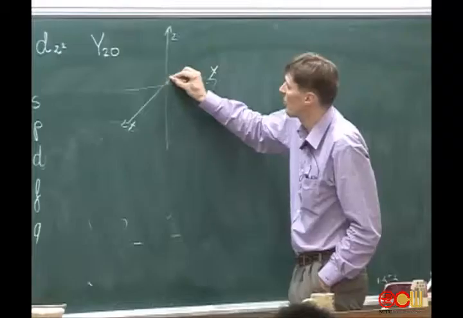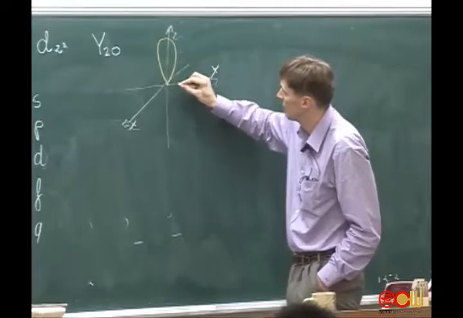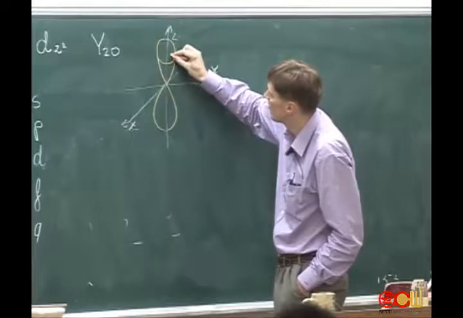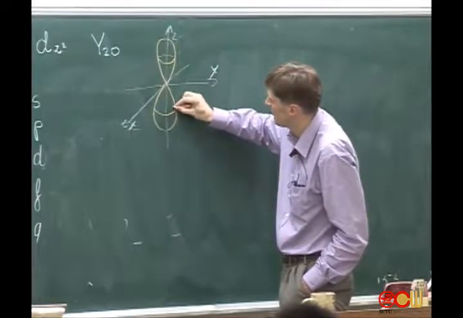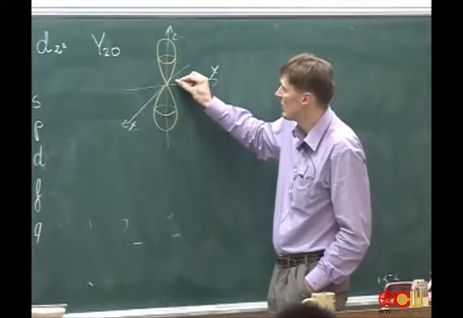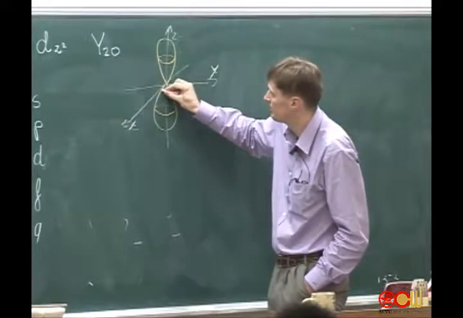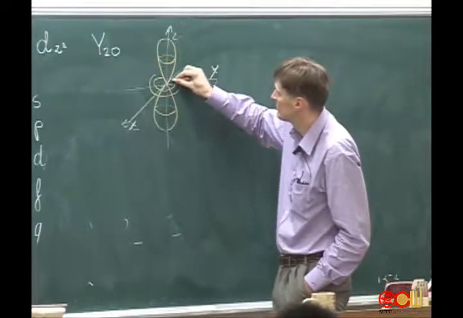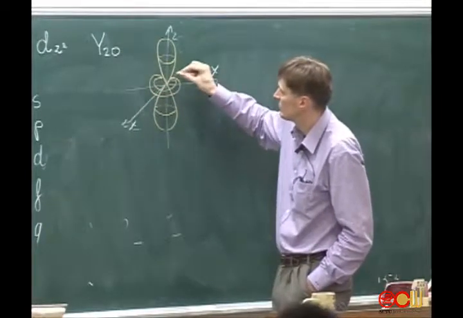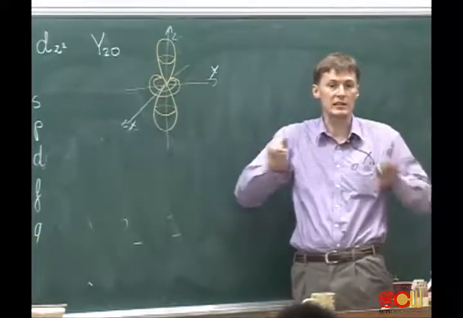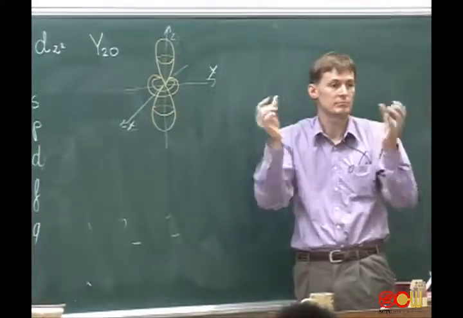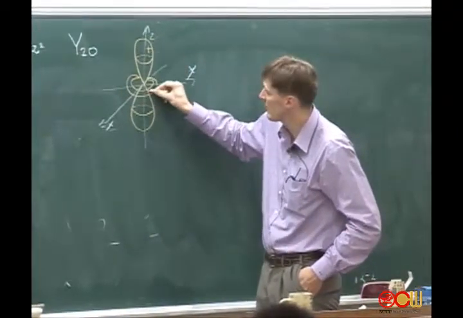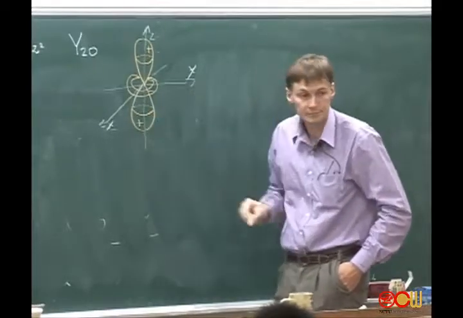It means it has one part here, it has one part here, again they are round, but except this there is also a part that is here. And this part here looks like a tire of a car. And now, this is positive, this is negative, and this is positive again.